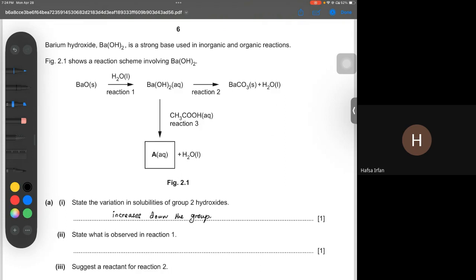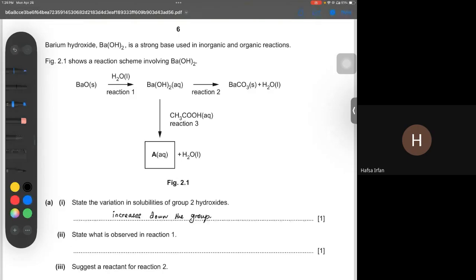What is observed in reaction 1? You can see it's barium oxide. Barium oxide is solid at room temperature.